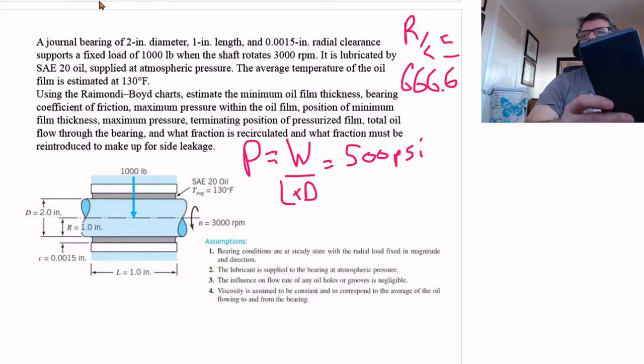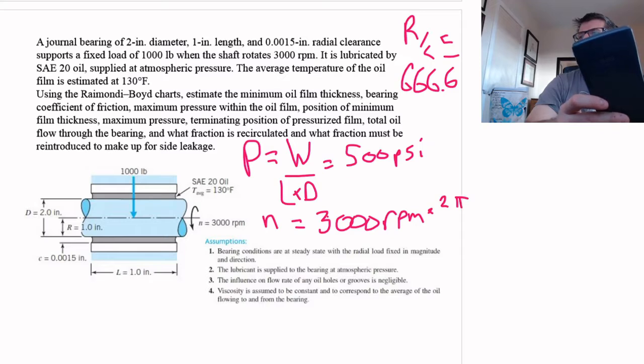And then our N, you have to keep in mind that the N we use for those charts is in terms of revolutions per second. So our N is equal to 3,000 RPM times 2 pi revolutions.